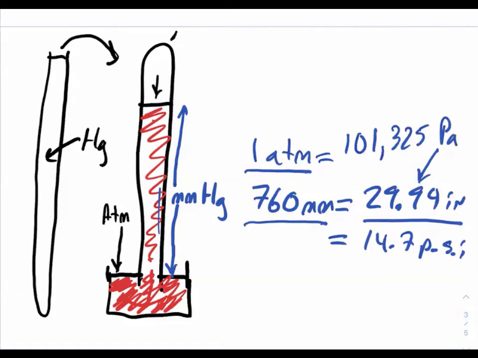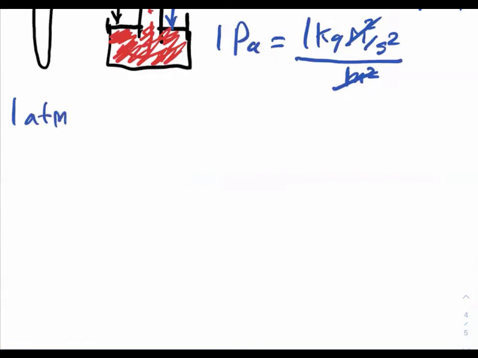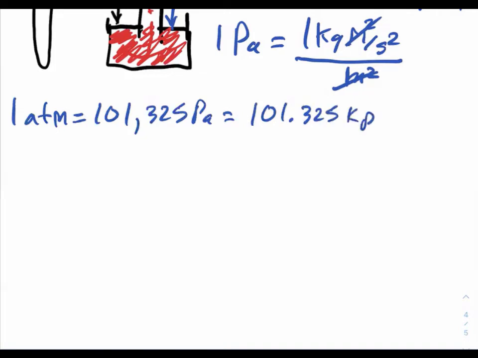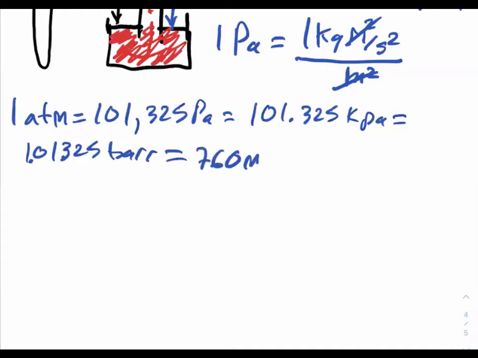That's actually become the new SI unit. 1 atmosphere is equal to 101,325 Pascal, which is equal to 101.325 kilopascal, which is equal to 1.01325 bar, which is equal to 760 millimeters of mercury.